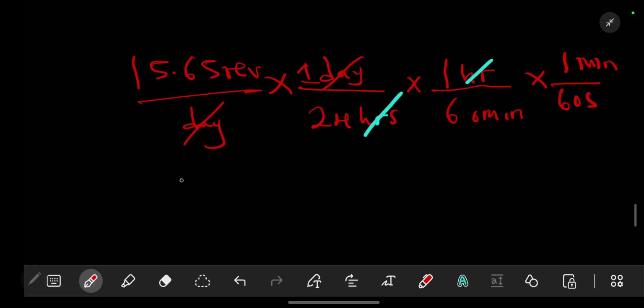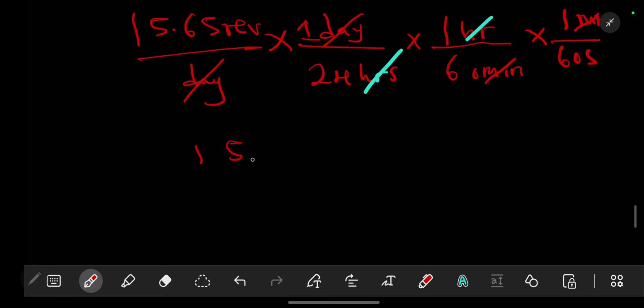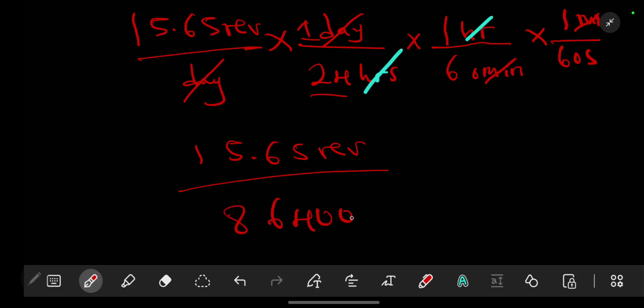So if you multiply everything, this minute and this minute will go, so it will be 15.65 revolutions per, if you multiply 24 times 60 times 60, this will give us a value of 86,400 seconds.